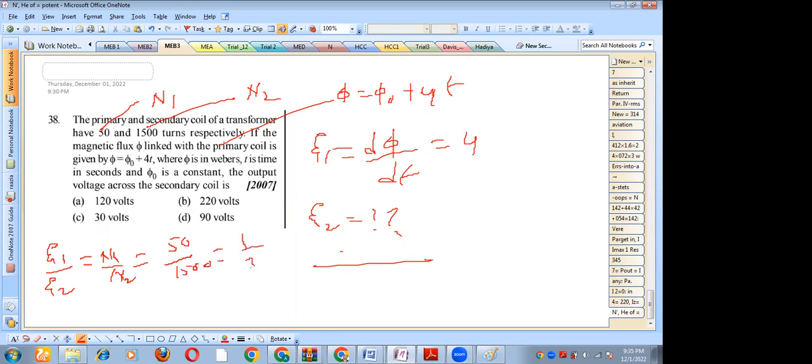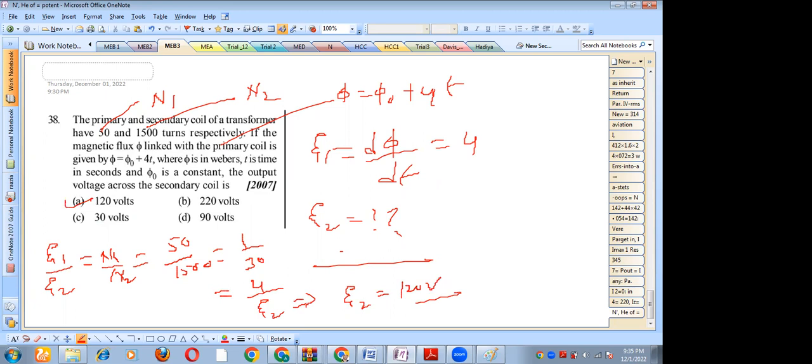So 1 by 30. Option A. You got option A. And E1 is 4, E2 we have to calculate. So from here it is 120. Yes, you were right. Answer is A.